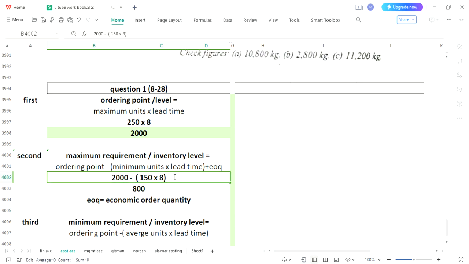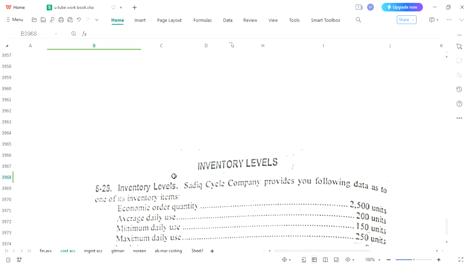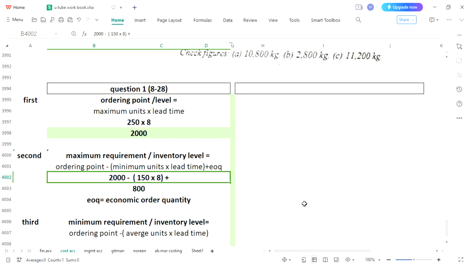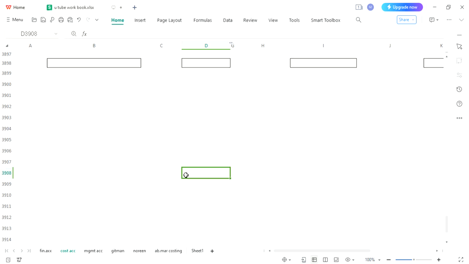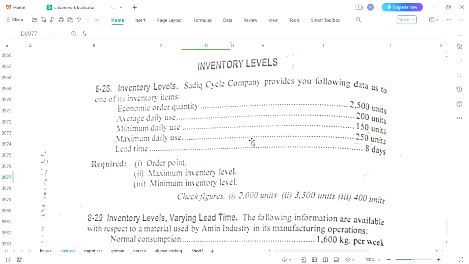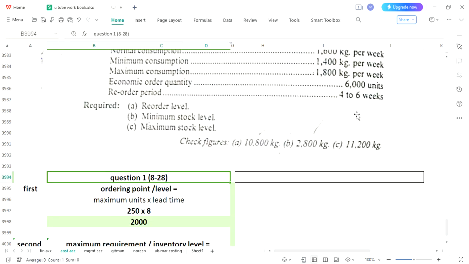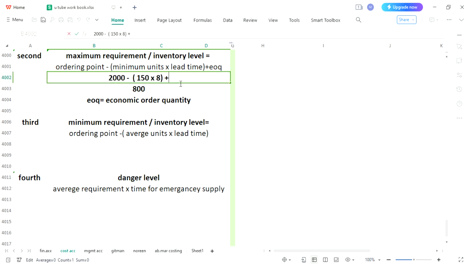So simply what you will do is put the sign of add and search where the economic order quantity is given. In question number 28, in the first line, EOQ is given, which is 2500. So you just put 2500 over here in our formula for maximum.